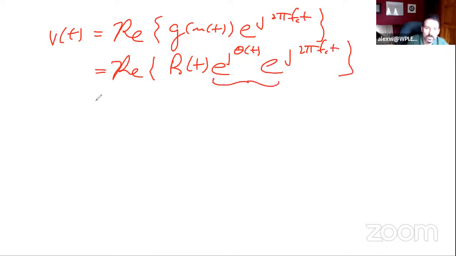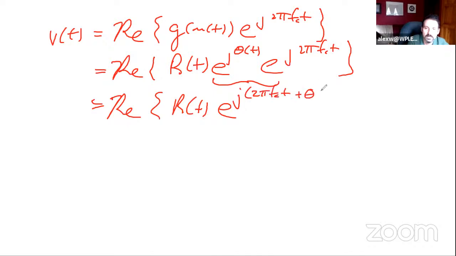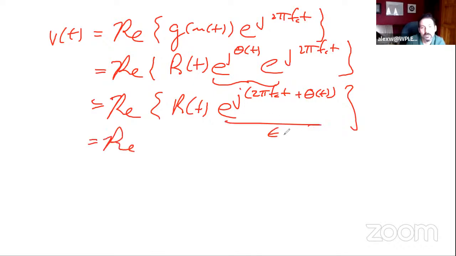Common base, we combine them together. e to the j 2 pi fc of t plus that fella. Okay. Now, how do we do this real thingy again? Again, Euler comes to save the day.